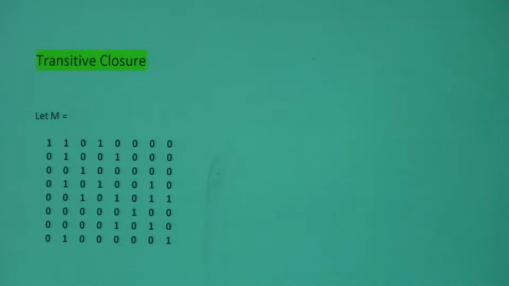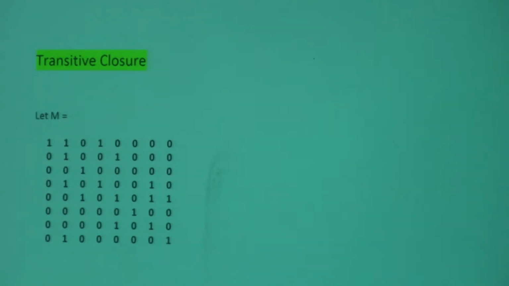This element is computed by taking every corresponding pair, every one of these with every one of these, and making a logical AND. So we're going to have 1 and 1, 1. 1 and 0, 0. 0 and 0, 0, and so on.